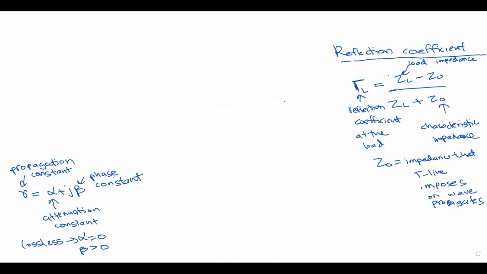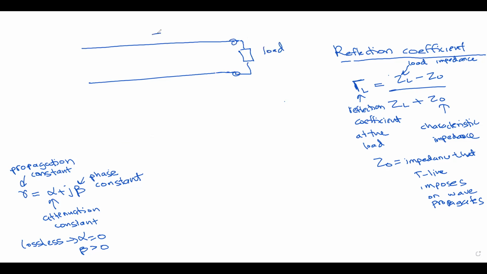So the input impedance of the transmission line at each point is important for us to match the transmission line to the load. So the transmission line is connected to a certain load, and in order to match the load to the line, we need to know the impedance at each point in this line.